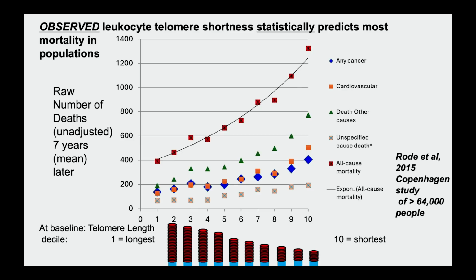And then you look at the deaths, and you can see that they're really sort of dependent on the shortness of the telomeres. So this is shortness of telomeres anticipating both all causes of deaths, and interestingly including cancers, as well as the other major cause of deaths, which is cardiovascular. So if you look from high up and look down, you can say, well, shorter telomeres are actually worse.